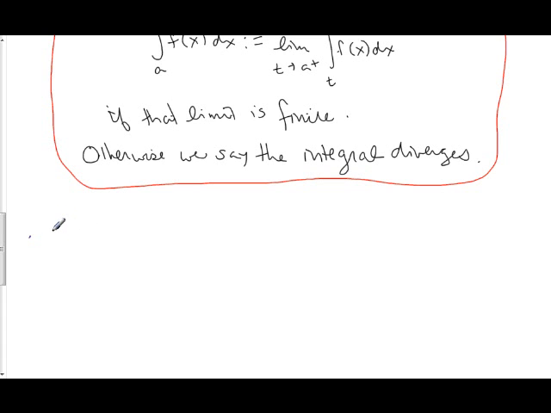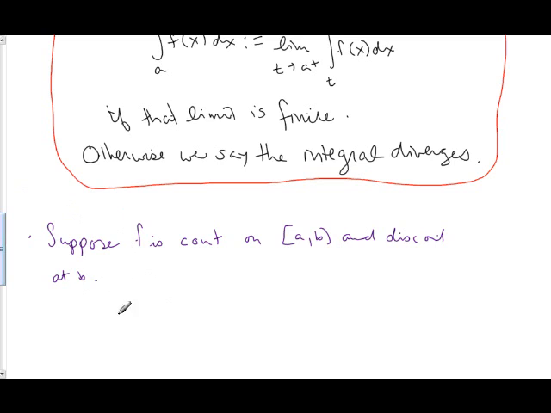Well, let's suppose f is continuous on the half open interval from A to B, not including B, and discontinuous at B. Well, this is exactly the same thing. What are we going to do?